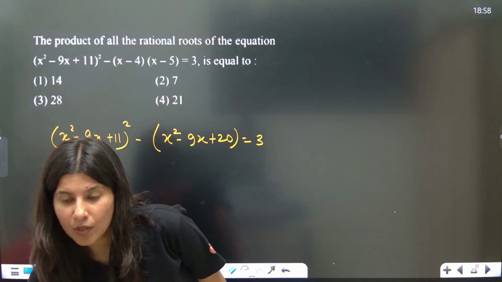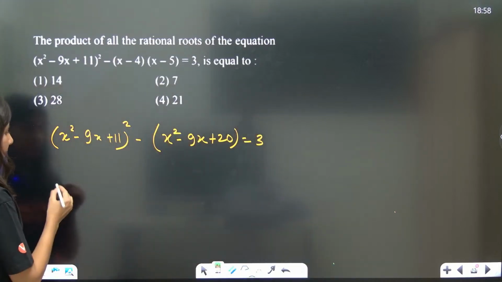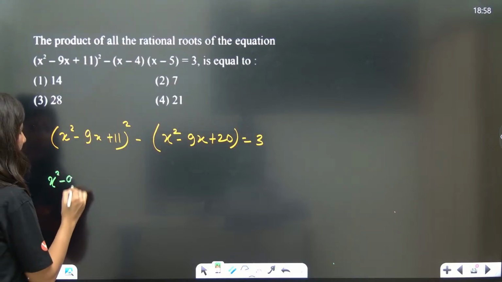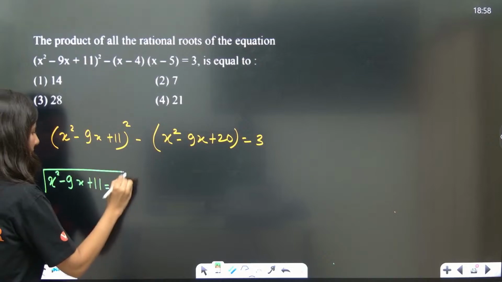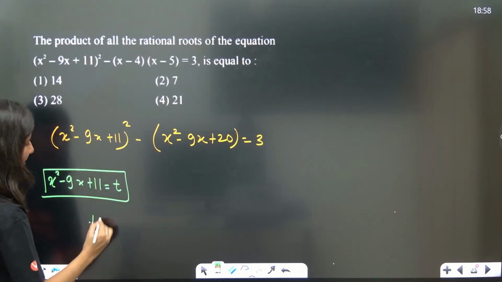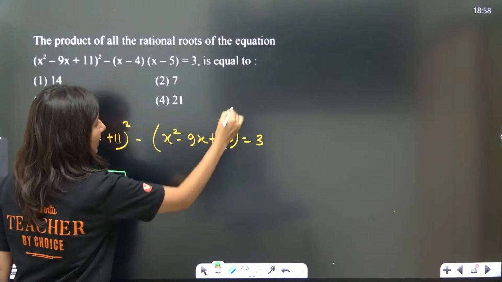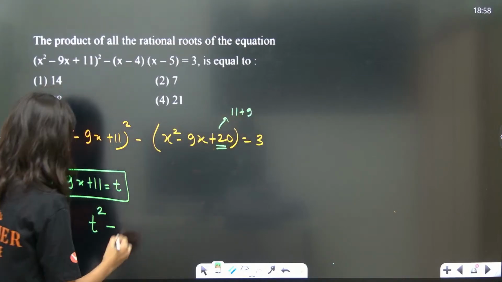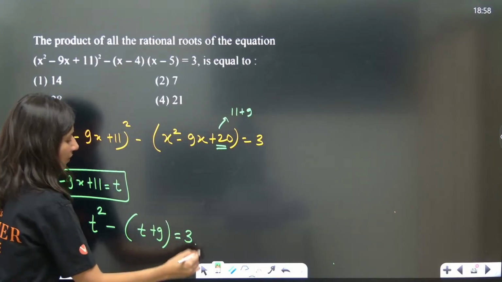So now let's do one thing. x square minus 9x plus 11, if I mark it as t, so this is t square minus... Can you see this 20 is nothing but 11 plus 9? So this is t plus 9 is equal to 3.